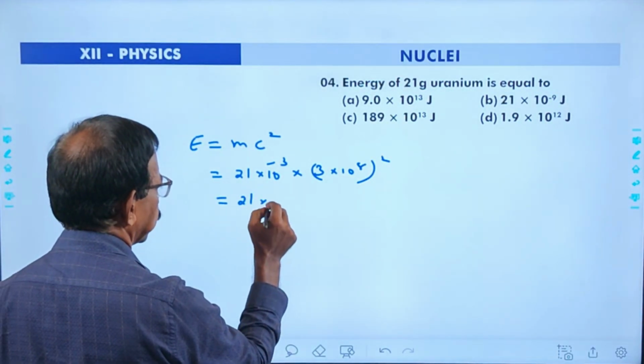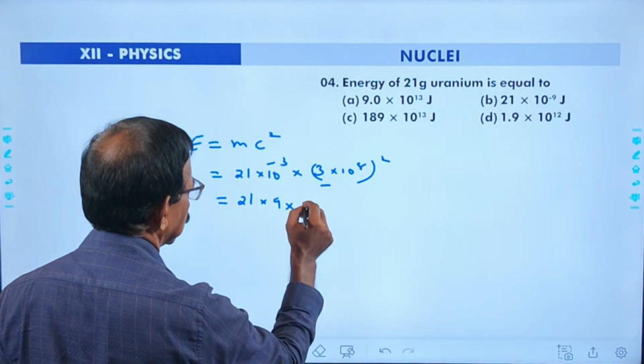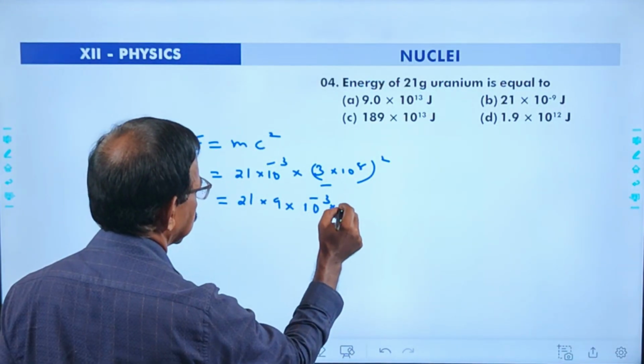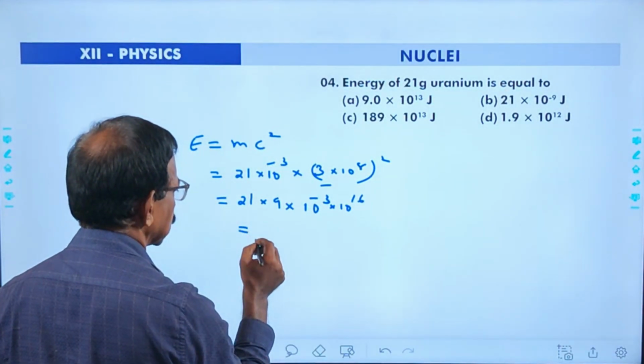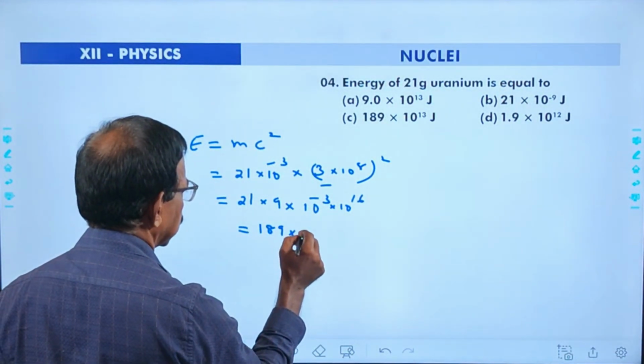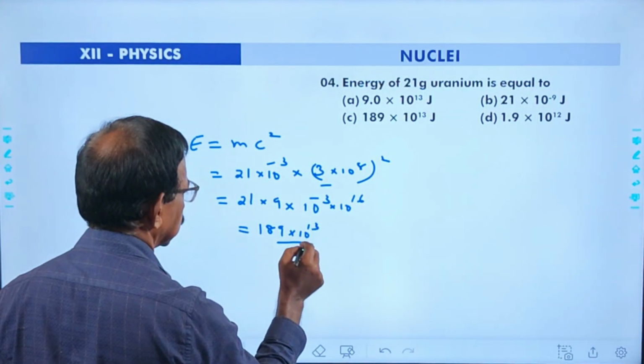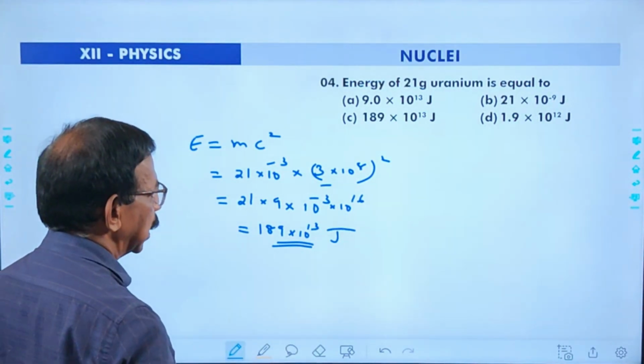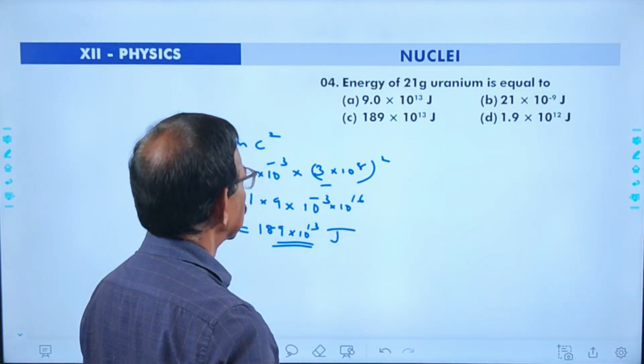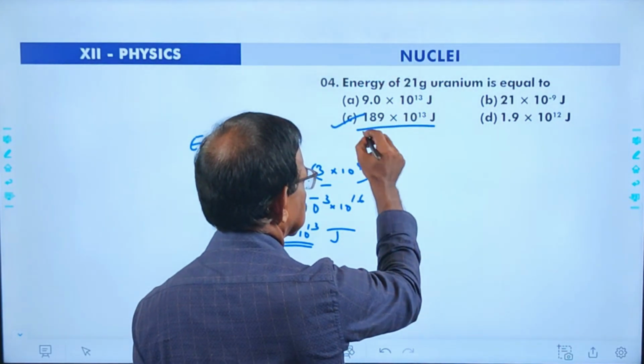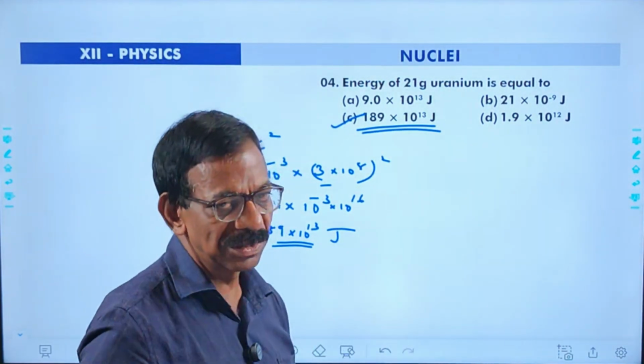The energy is 21 into 9 into 10 raised to minus 3 into 10 raised to 16. 21 into 9 is 189, then 10 raised to 13 joule. The energy equivalent of 21 gram is option C, 189 into 10 raised to 13 joule.